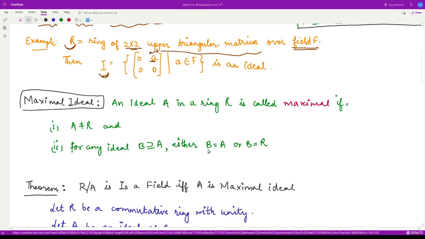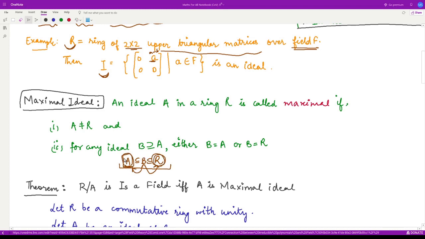And moreover, you have this A and you have this ring R. If you find some set B which is greater than A but which is less than R, then in that case this B should be either equal to A or equal to R. Then only you can call this set A the maximal ideal of the given ring R, right?